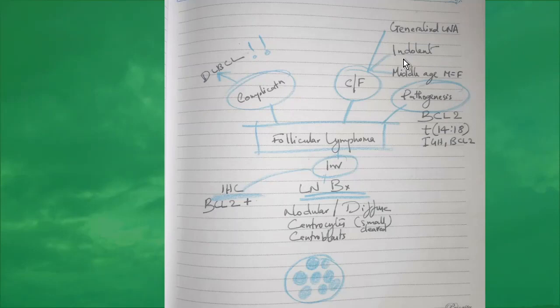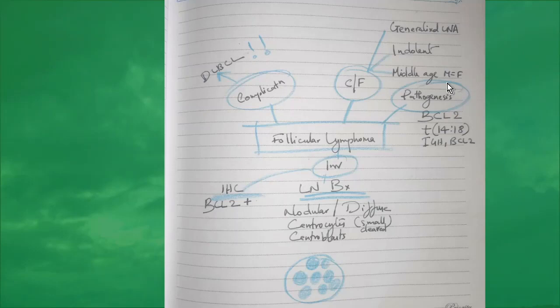Although there is no treatment as such, survival is about 8 years. Indolent means slowly progressing. Occurs usually in middle age with equal male to female ratio.